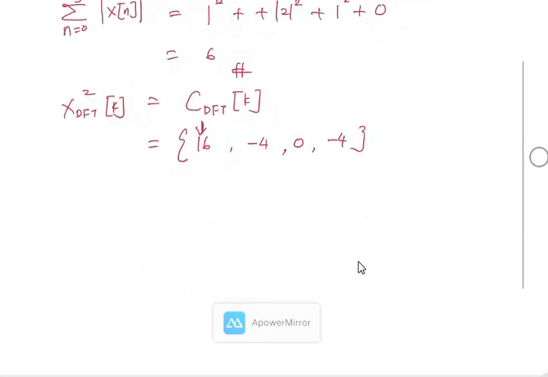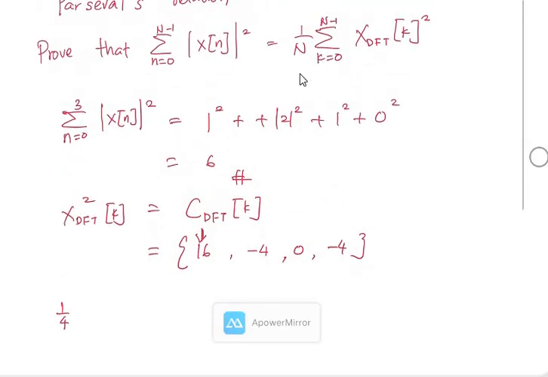And then 1 over 4, this is based on Parseval's theorem: 1 over N summation of XDFT k square.